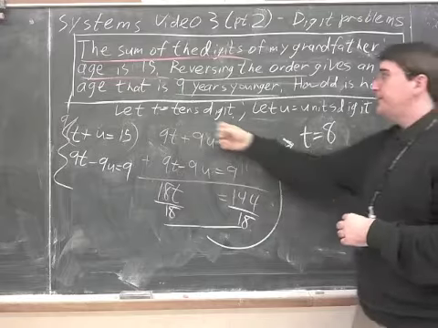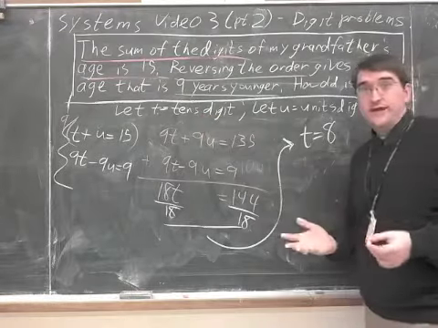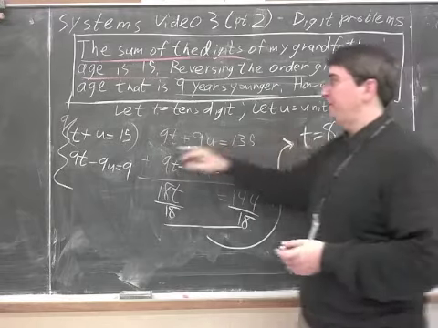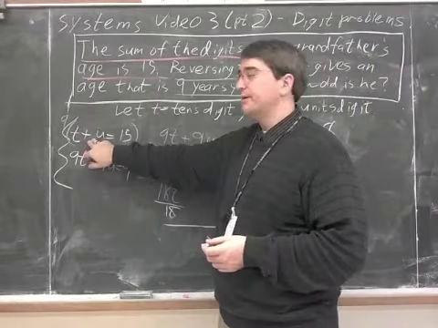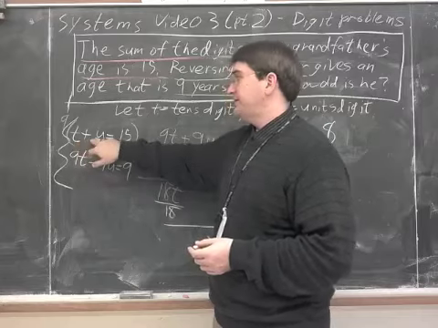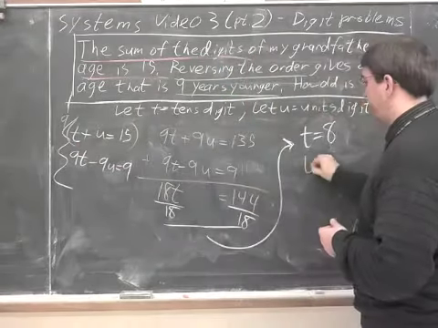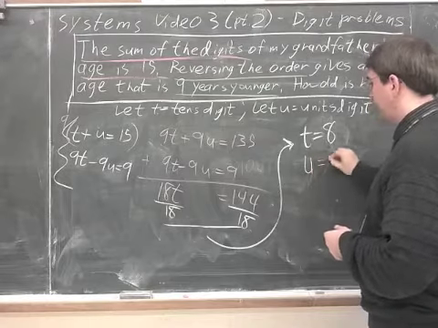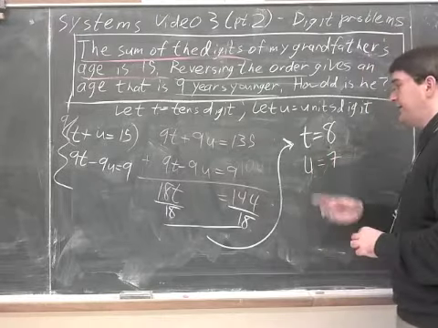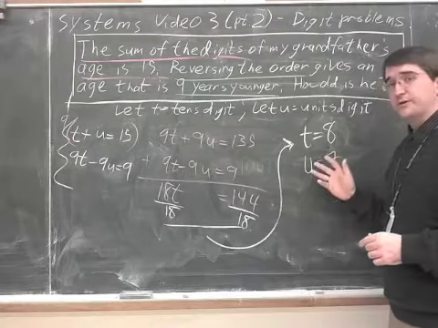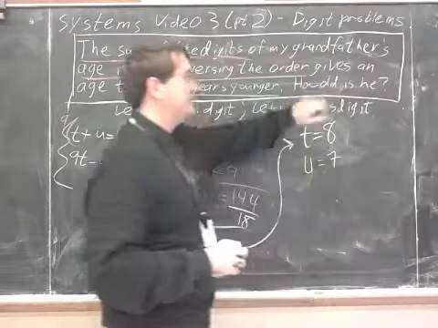So t, the tens digit, is 8. To find the ones digit, I could just go back to this equation here and do 8 plus u equals 15. So just subtract 8 from 15. And that gives me that u is equal to 7. Now keep in mind, this is not my answer, because this doesn't answer my question. The question is, how old is he?